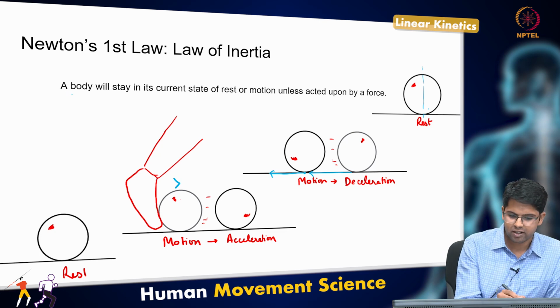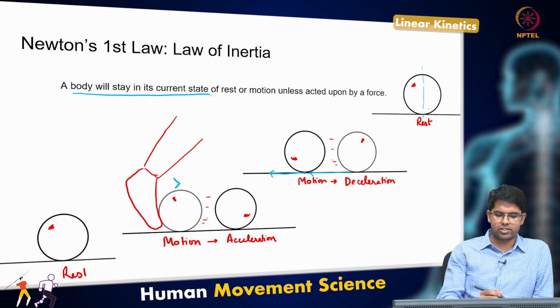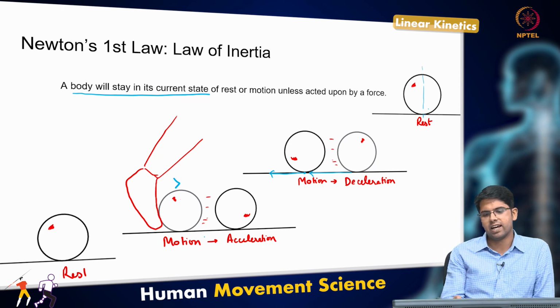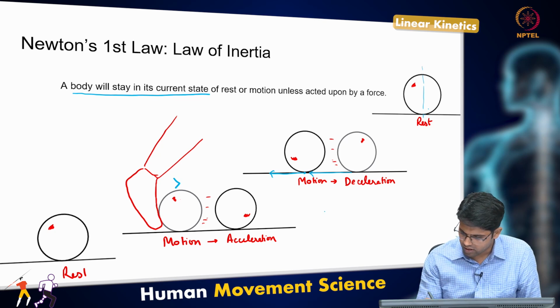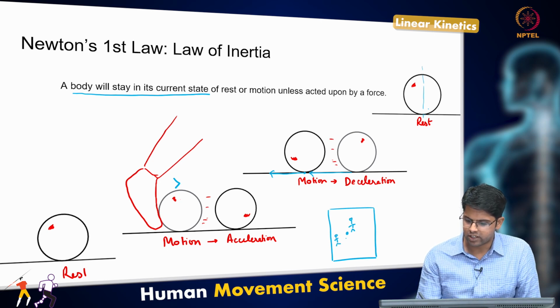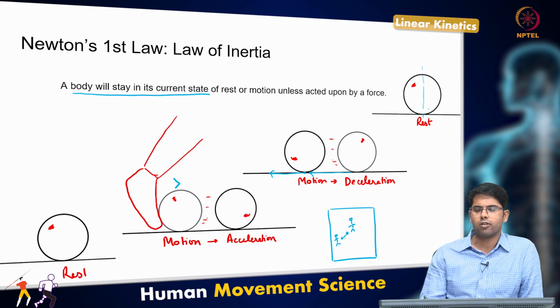So fundamentally, the body stays in its current state. If the state is rest, it will stay in rest. If the state is motion, it will be in motion. If you have a soccer field and you have this ball being passed around between multiple players, the direction of the movement of the ball will be decided by the player who kicks it, right?